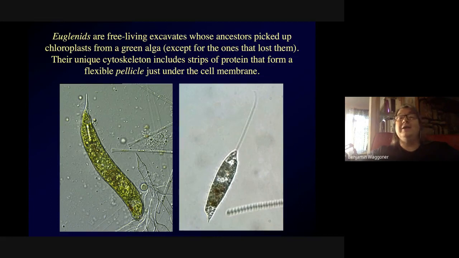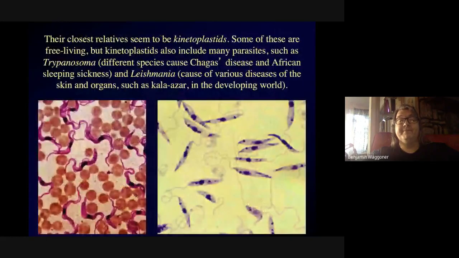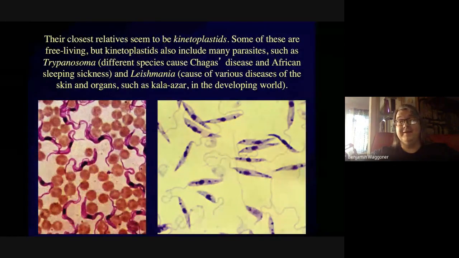On the right, you've got a non-photosynthetic euglenid. You can see the flagellum very clearly here. That particular one is called Paranema. And it's also pretty common in freshwater around here. Closest relatives to the euglenids are a group called the kinetoplastids, and I'll explain where that group comes from in a minute.